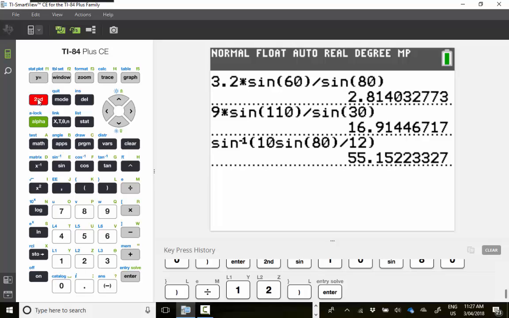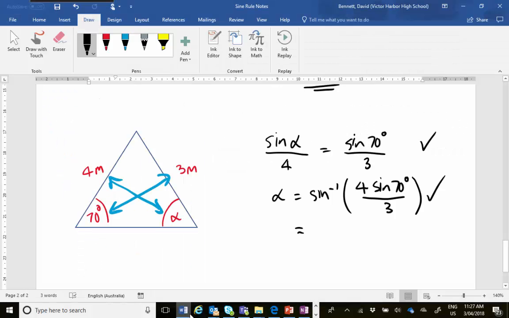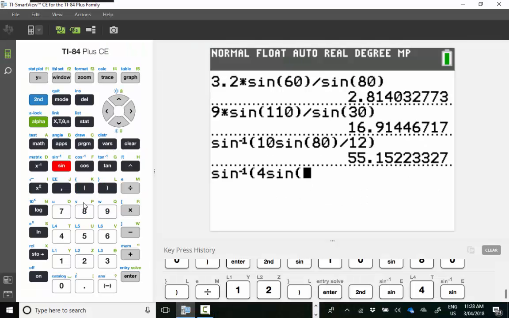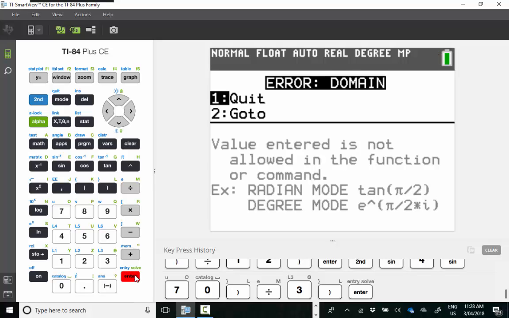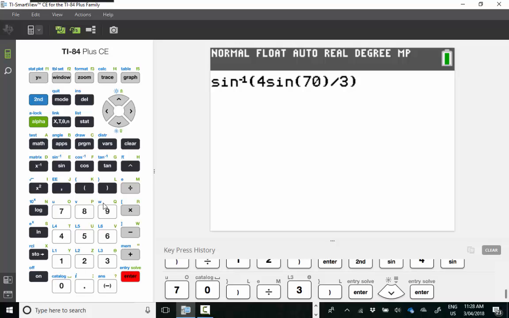So inverse sine of 4 sine 70 over 3. I can't remember the angle, let's go back to that. Bad memory. Sine of 70, close your bracket, divide that by 3, close your bracket, and that gives me... have I done something wrong here?